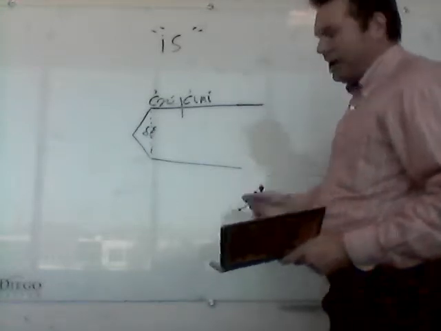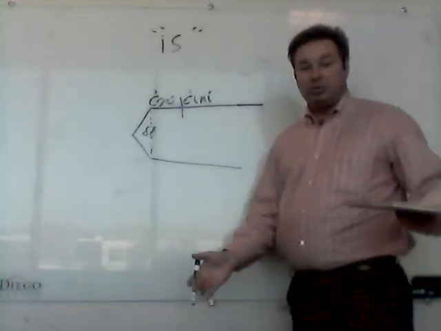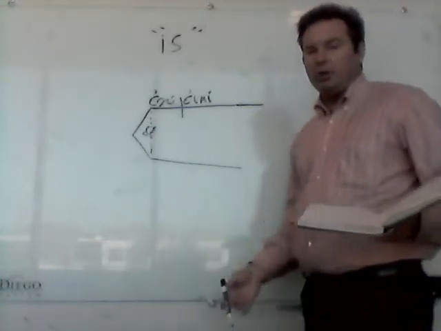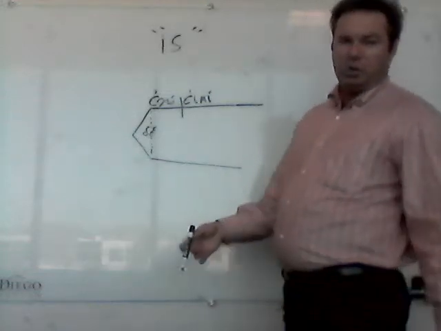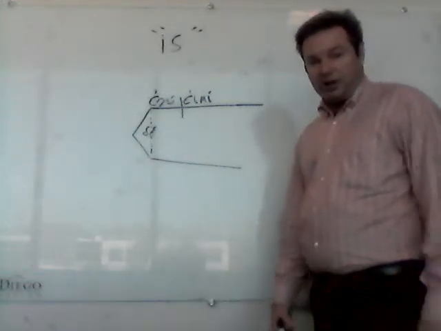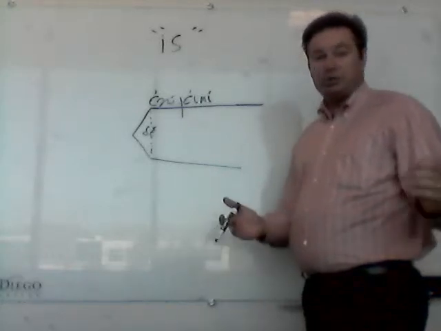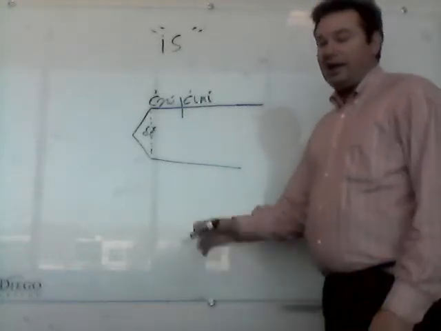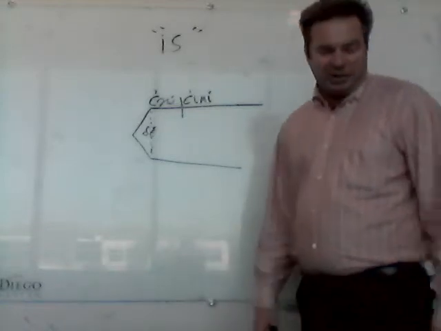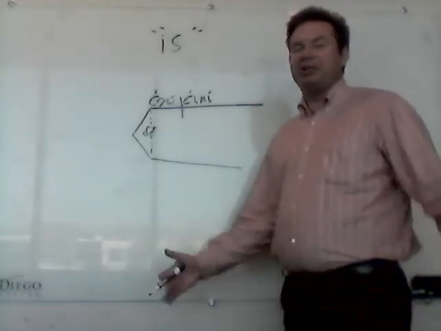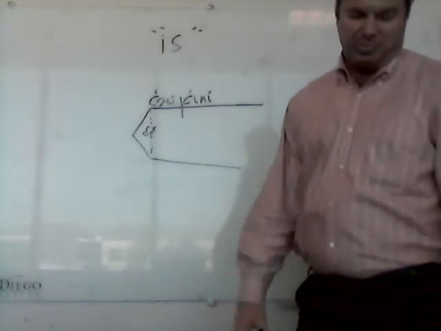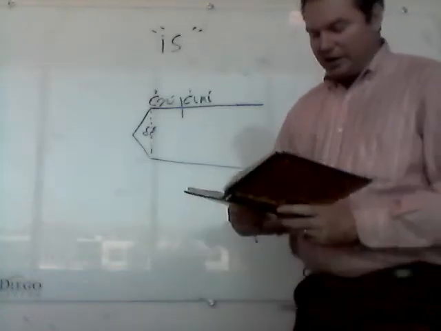Incidentally, a lot of the I am statements from Jesus in the Gospel of John use this little phrase, ego eimi. It goes back to Exodus 3:14, where God says, I am that I am. And in the Greek Septuagint, the Greek version of the Old Testament, ego eimi is used. Are you excited yet? Usually when I say that, there's no reason you should be excited, but you actually should be excited about that.